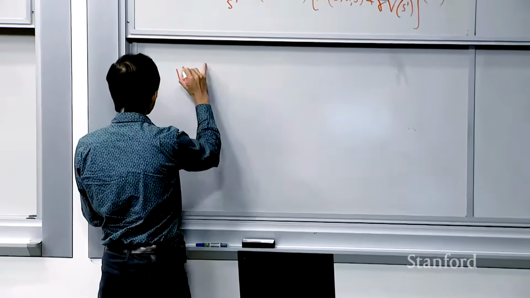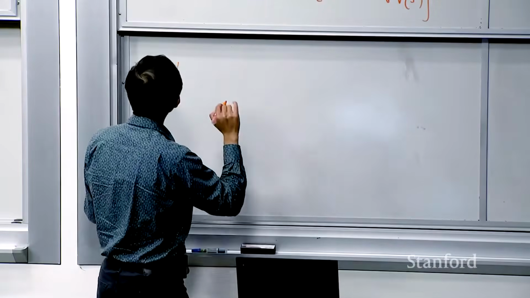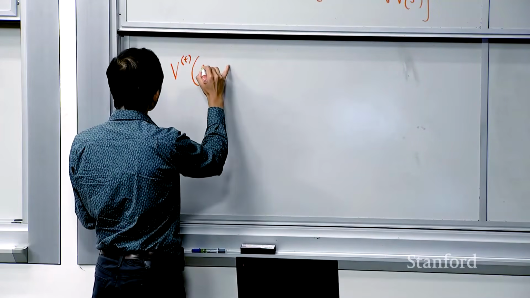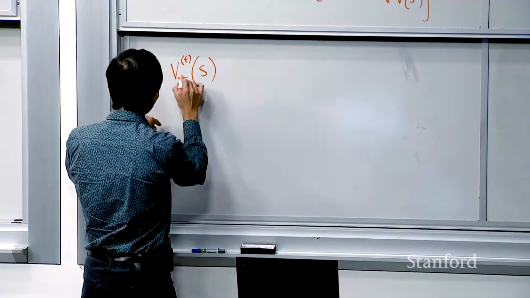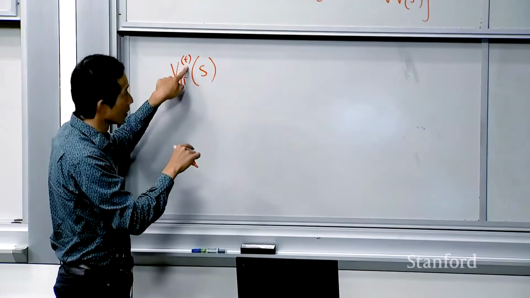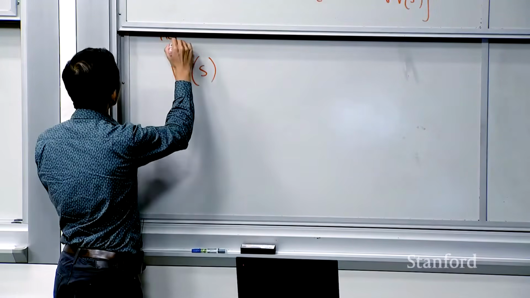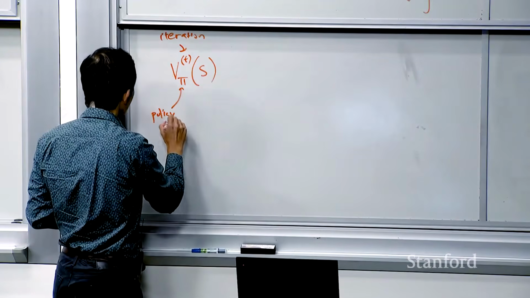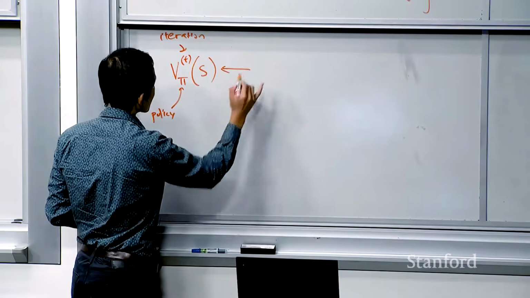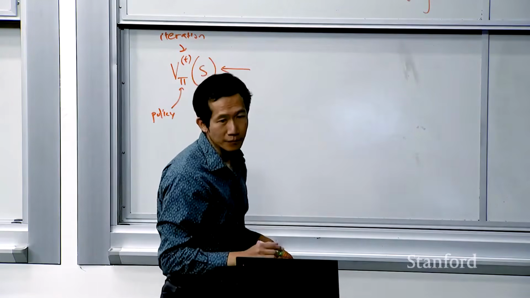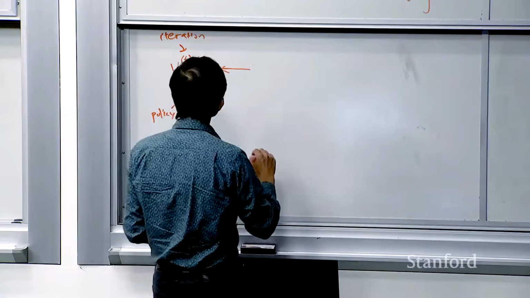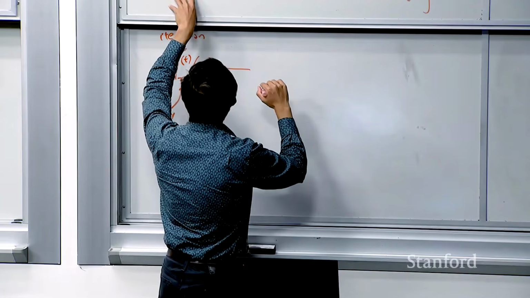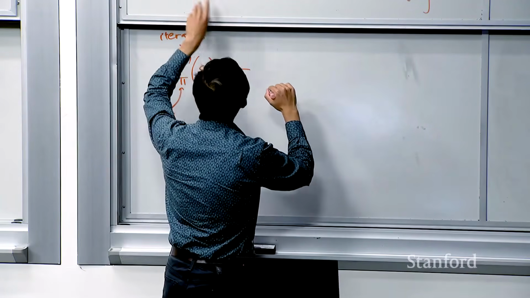So, policy evaluation, we'll say at a particular iteration t. So this is the iteration. This is the policy. So this is going to be, let me just expand this.